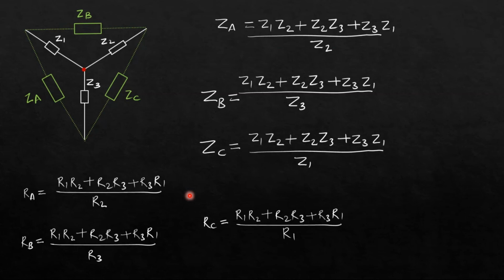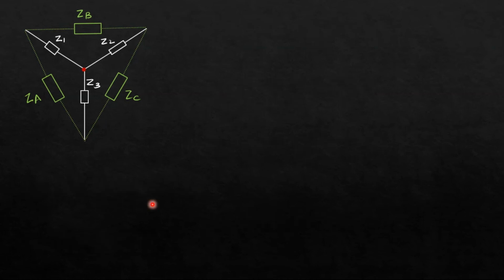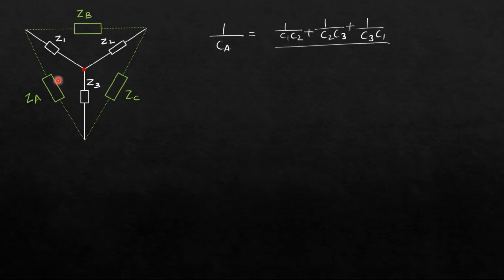Now let us go for the capacitance. Now impedance is proportional to 1 by capacitance. So the formula will become 1 by CA is equal to 1 by C1 C2 plus 1 by C2 C3 plus 1 by C3 C1 divided by, in front of ZA, Z2 is there, so therefore we will divide it by 1 by C2.